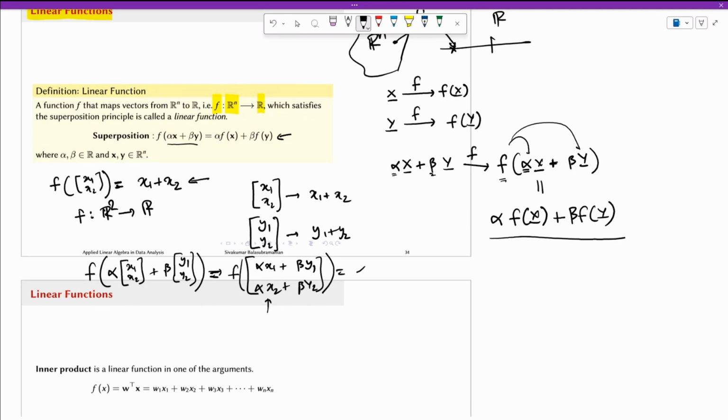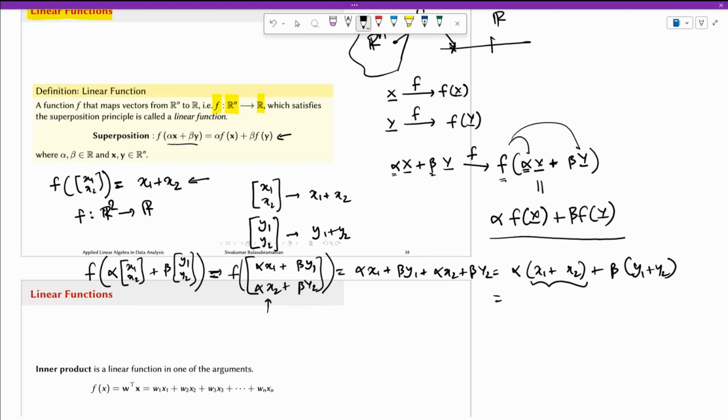So this should be equal to alpha x1 plus beta y1 plus alpha x2 plus beta y2. This is nothing but, if I can take the alphas out separately, alpha times x1 plus x2 plus beta times y1 plus y2.